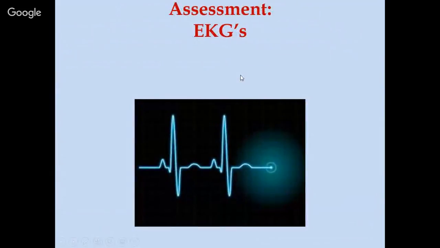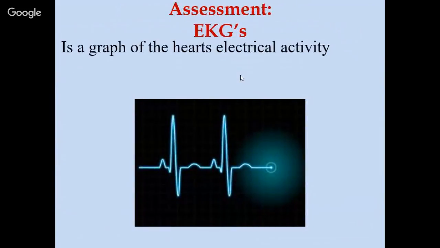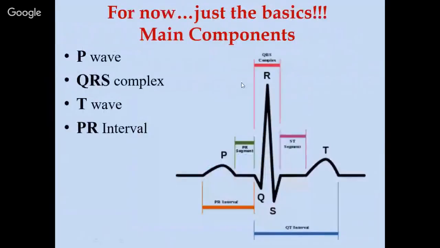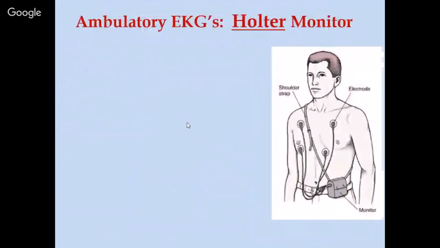Assessment, EKGs. It's a graph of the heart's electrical activity. We will look more closely at EKGs later in this chapter, arrhythmias. So P wave, QRS complex, ST segment, and T wave. And then there's the PR interval. Ambulatory EKGs, Holter monitor.